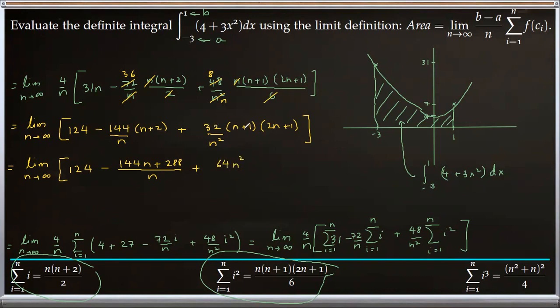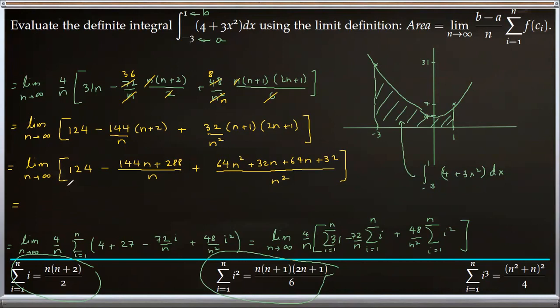Next we have 32n, 32 times n times 1, which is 32n. Next we have 32 times 1 times 2n, which is 64n. Next we have 32 times 1 times 1, which is 32. So this all divided by n squared.